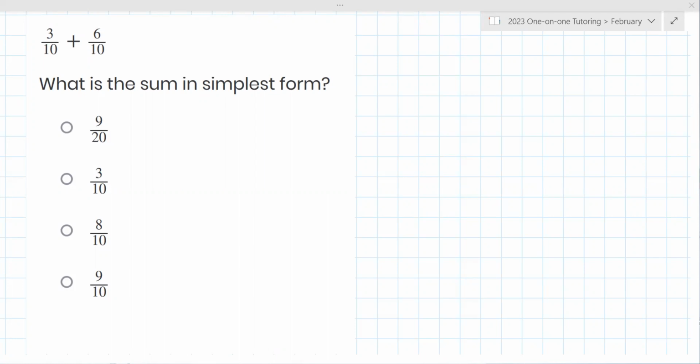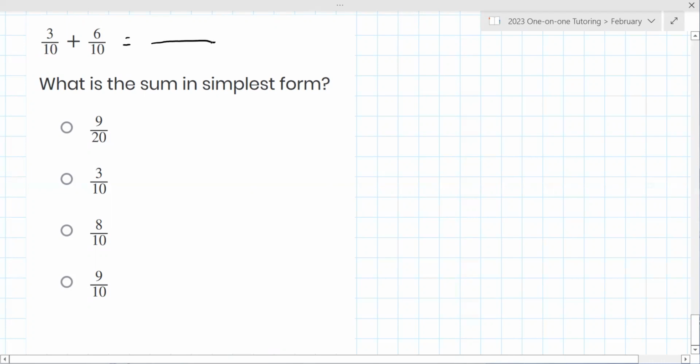So when the bottoms are the same, the tops are added. You're adding 3 plus 6.